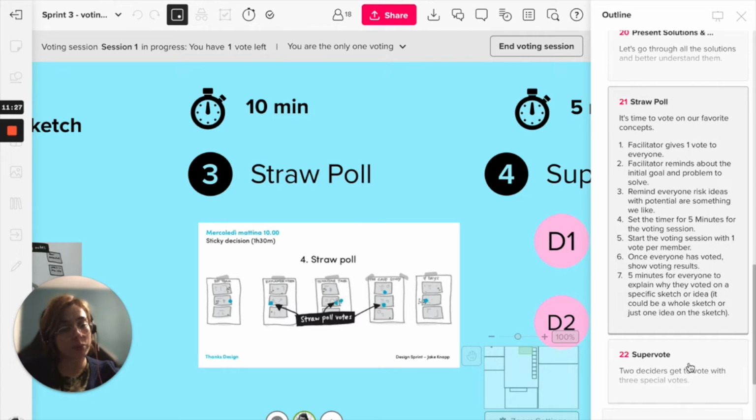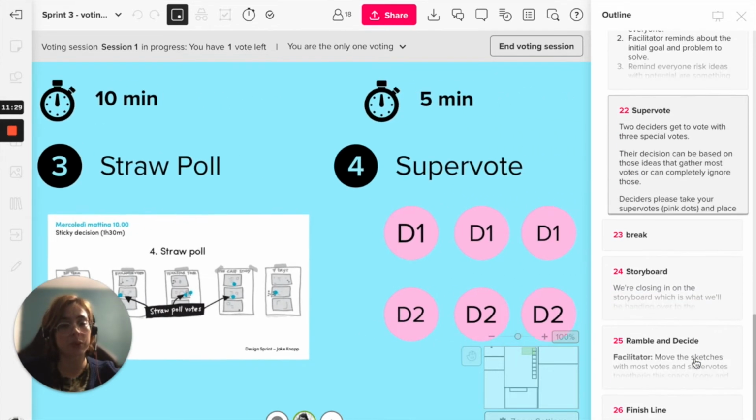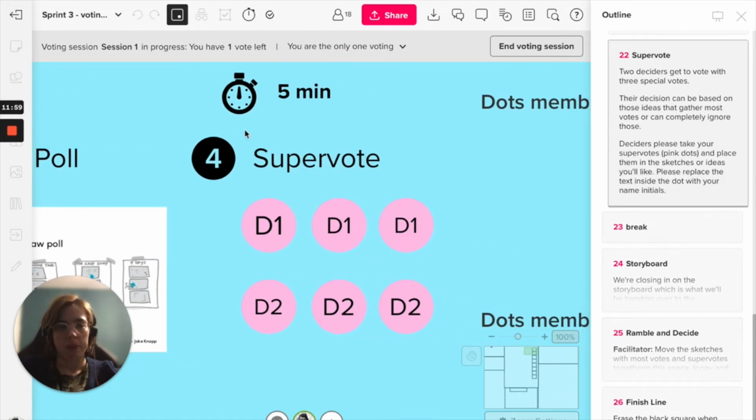Then you get to pass to the fourth voting activity, which is the super vote. Here the team needs to name two people that are going to be the deciders. These deciders are going to have special votes, or special super votes, that will help the team to move forward with some ideas and some solutions.